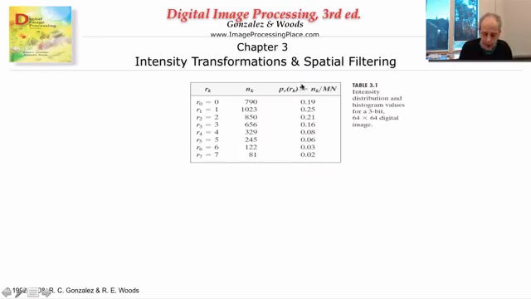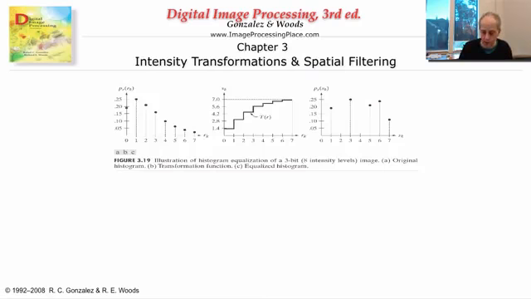We plug that into the formula that I just showed you, and this is what we are going to get. So first of all, this is the original histogram, P_R. This is the distribution that we have. If you plug that into the formula we just showed, this is going to be the transform.